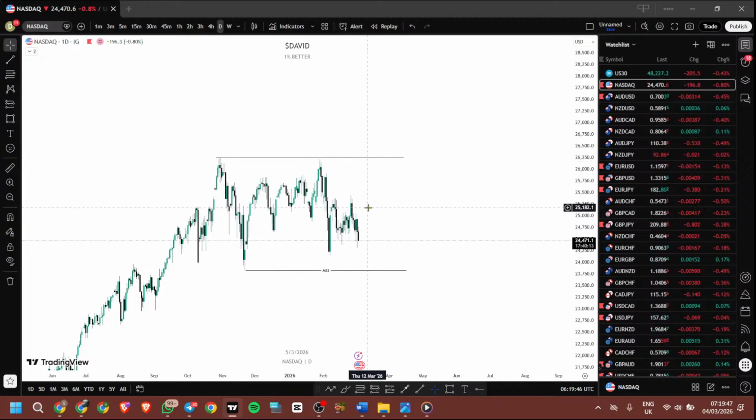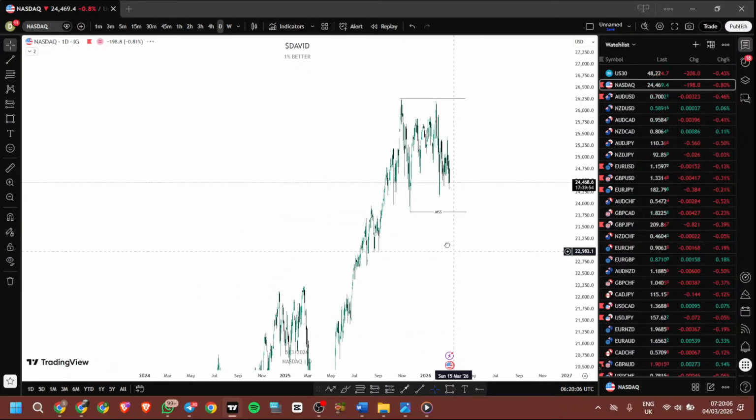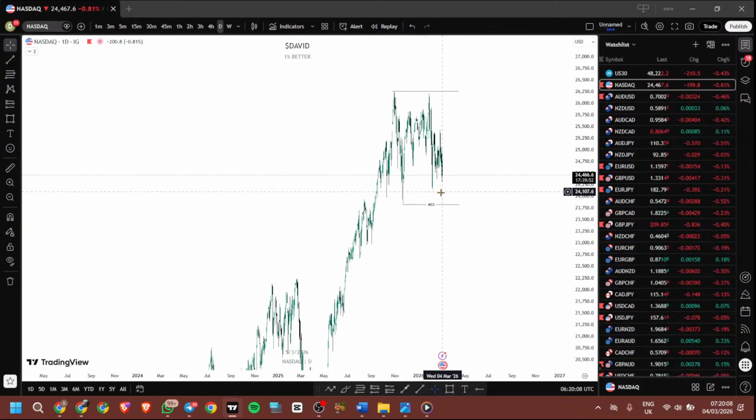So this is basically a sell side liquidity slash market structure shift right here. If anything should happen to this zone, it's taking out the sell side liquidity and the market structure shift, making the whole trend change from being bullish to being bearish. But in order for this to shift, we expect to see price creating a new high.